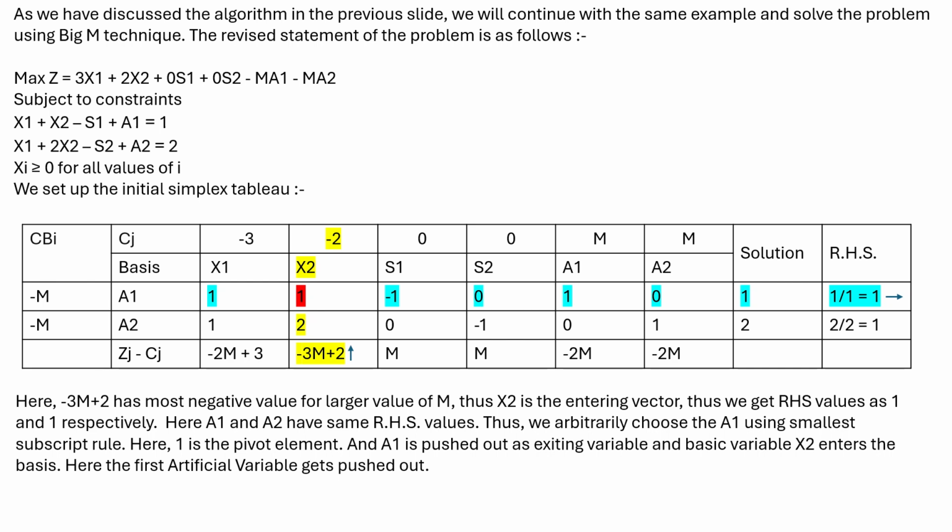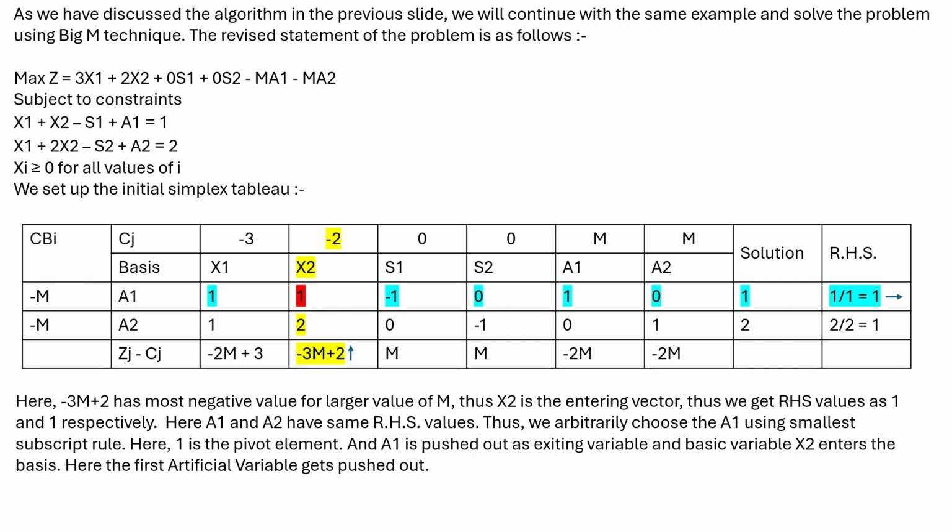Here there are 7 columns, out of which 6 columns are entitled to the 6 variables x1, x2, s1, s2, a1, a2. And there is this 7th column which represents the solution, which is the value on the right hand side of the constraints.